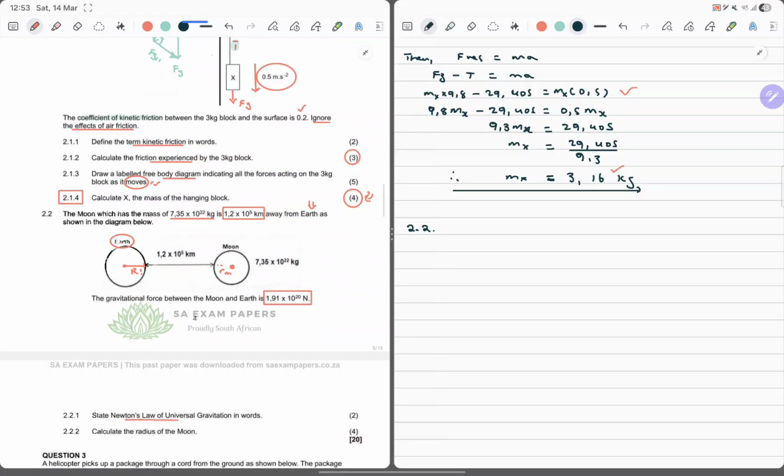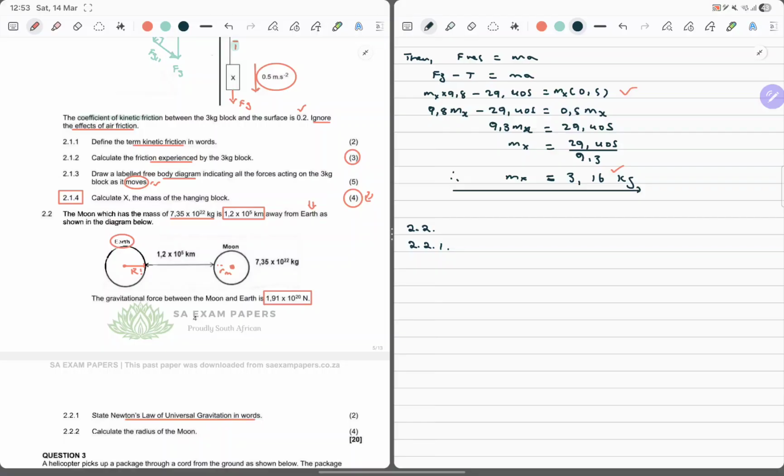Now state Newton's law of universal gravitation in words. So as in the previous video, guys, don't be lazy. Do it. Don't say, I know this, I'm going to skip this question. Get into the habit of leaving nothing undone. So what do we know? I can phrase it my way. It's not a problem.